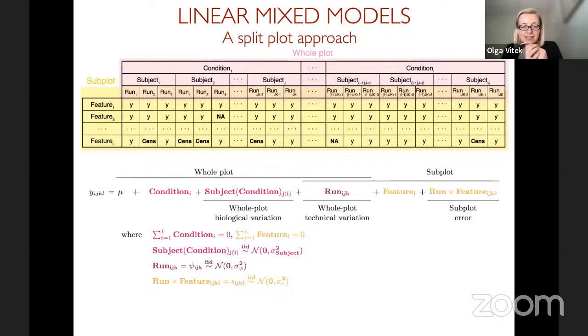If we have statisticians in the audience, just as a parenthesis, this is how traditionally we think about this type of data structures. So this is called a split plot design, where randomization occurs. We randomize the order of the runs at the columns, so in the pink part of this data structure.